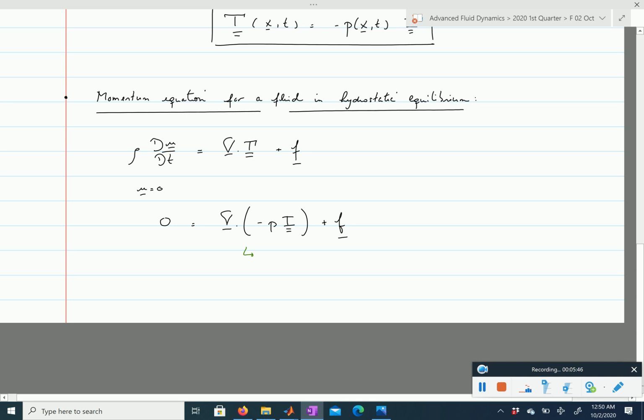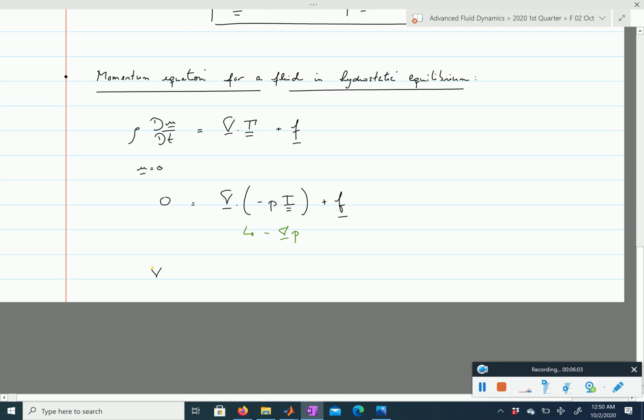But the divergence of minus p times I is equal to minus the gradient of p. And therefore we are left with the following equation. Our momentum equation reduces to an equation for the gradient of your static pressure field, which is equal to the external body forces.